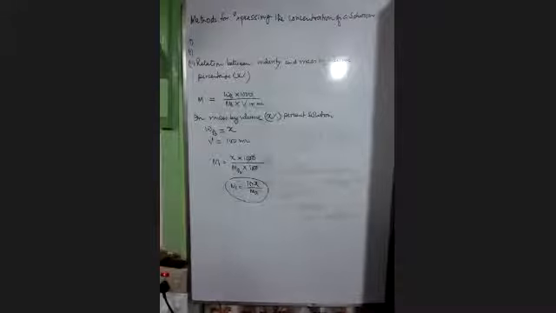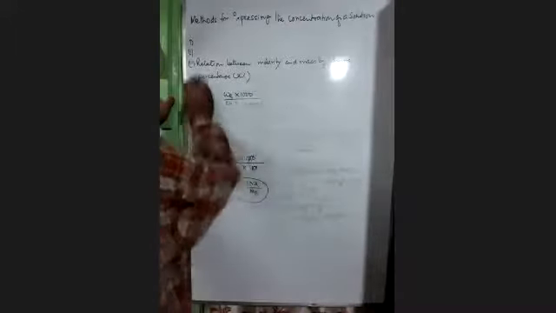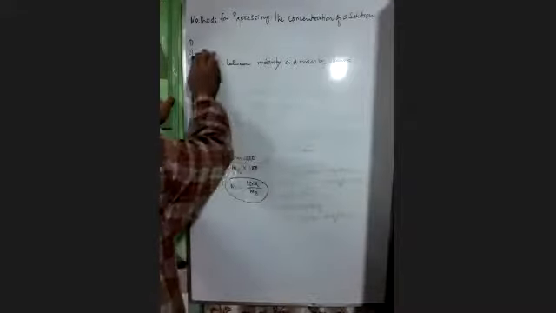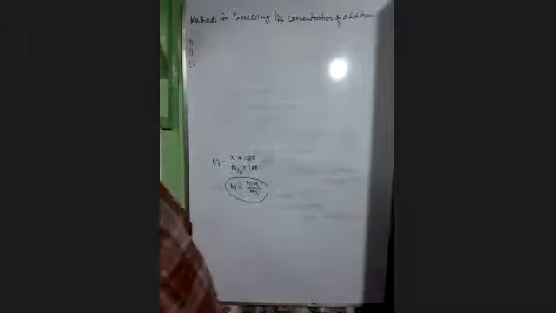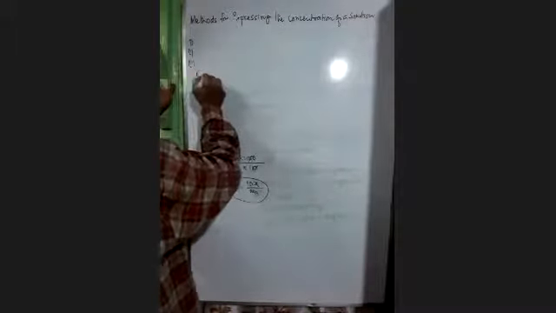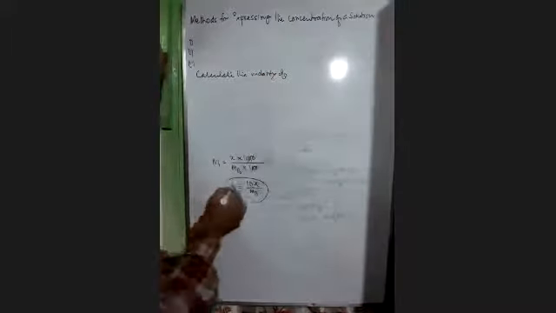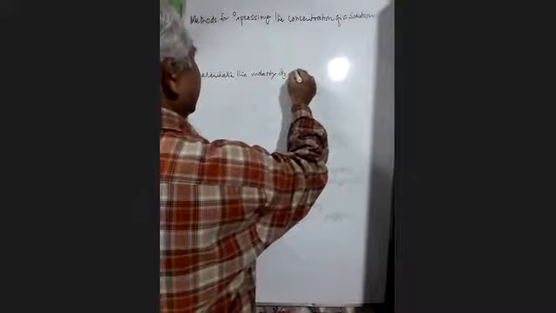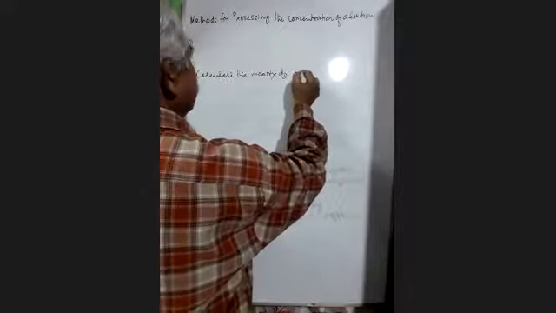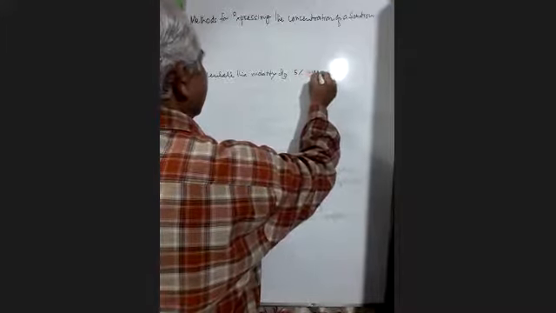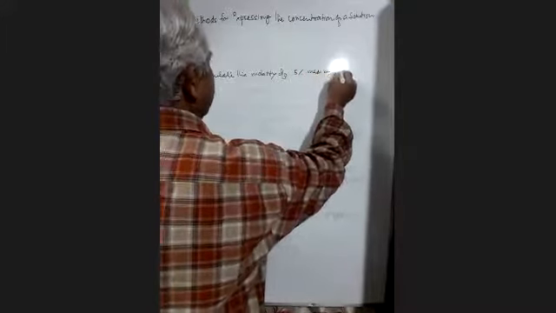Okay, then we'll do one sum. Calculate the molarity of 5% mass by volume H2SO4.